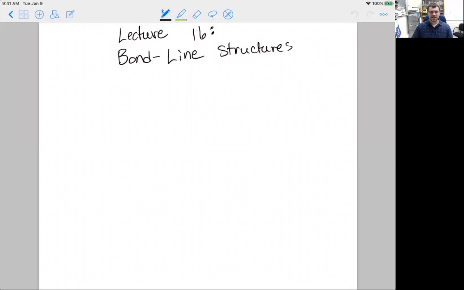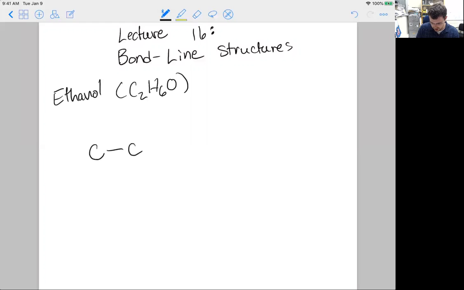So let me set up the issue a little bit here by first saying, imagine that we have ethanol, everybody's favorite alcohol. So ethanol is C2H6O. The way that we would start is we would connect our carbons and then add our oxygen to the end. Carbon is a group 4 element, and it requires 4 bonds to reach its octet.